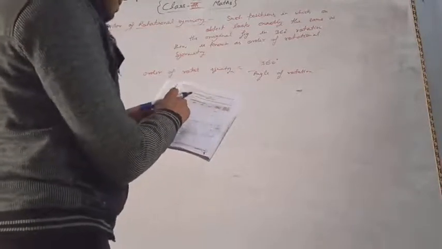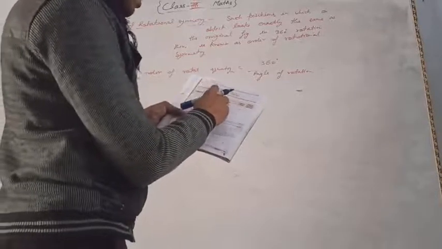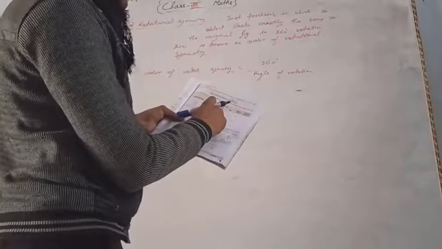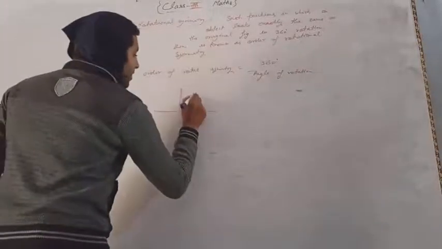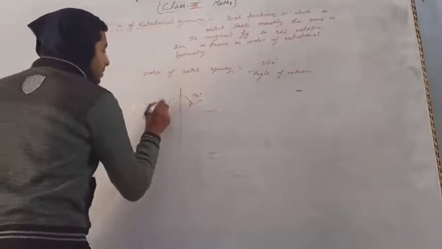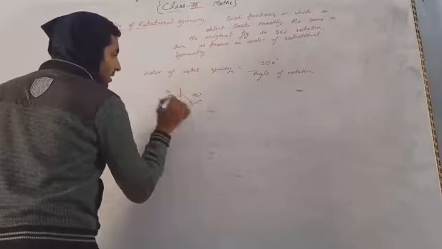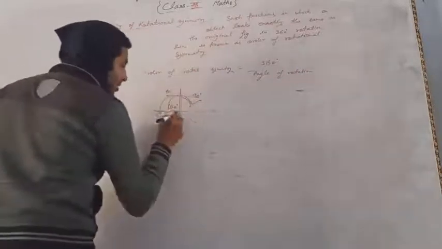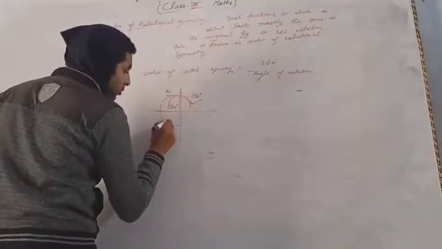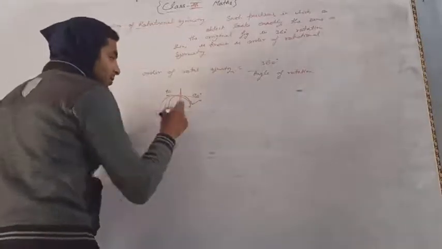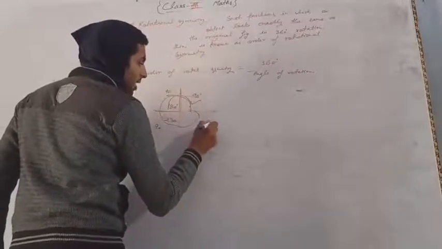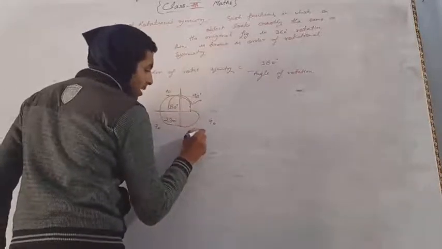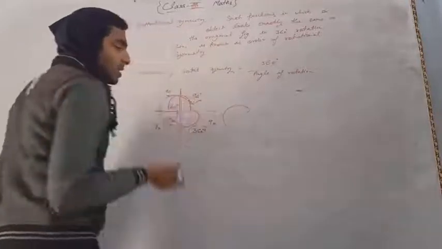Here, positions after rotation of 90 degrees, this 180 degrees, this 270 degrees, this 360 degrees. Because there are 4 positions, each 90 degrees. 90 plus 90 is 180 degrees, 90 plus 90 plus 90 is 270 degrees, and 90 plus 90 plus 90 plus 90 is equal to 360 degrees. So you can say one complete rotation is equal to 360 degrees.